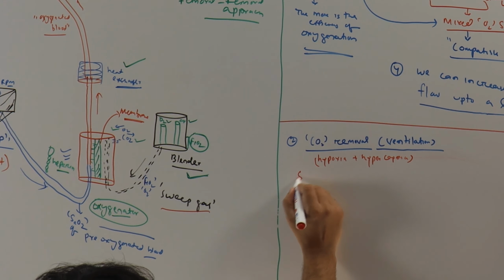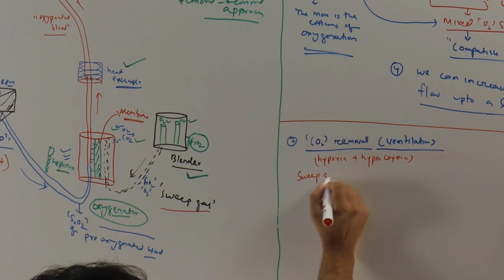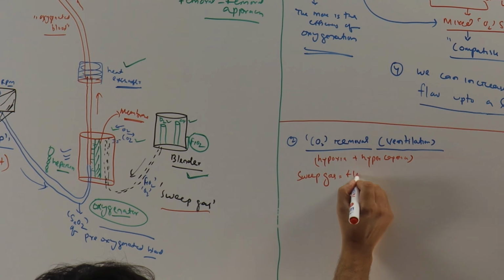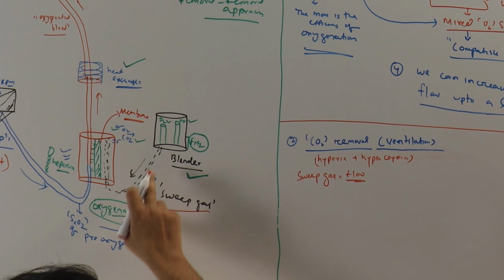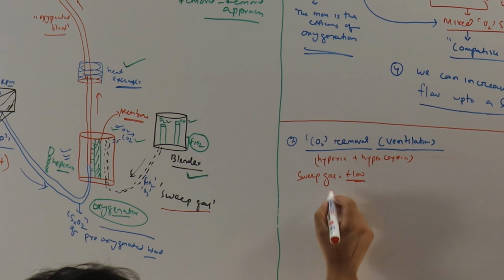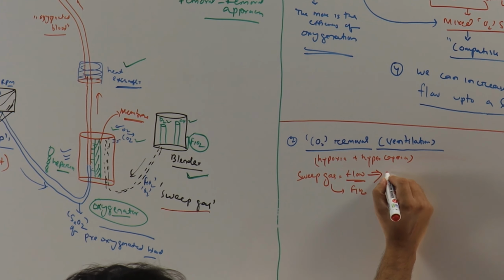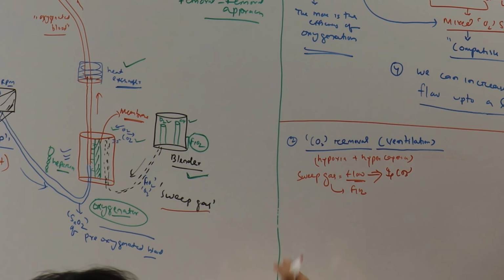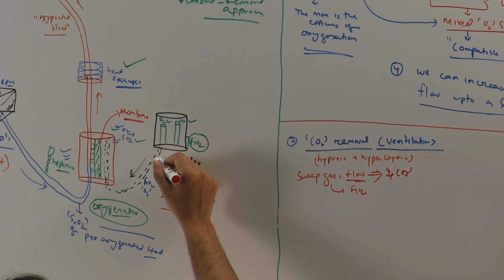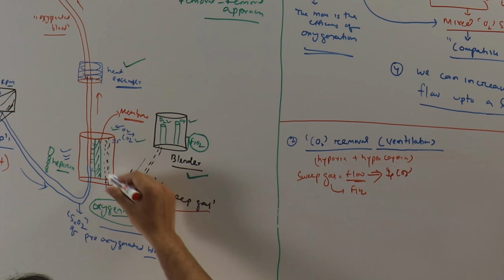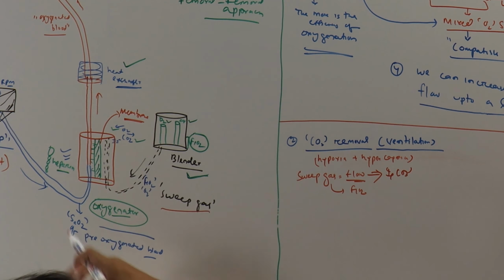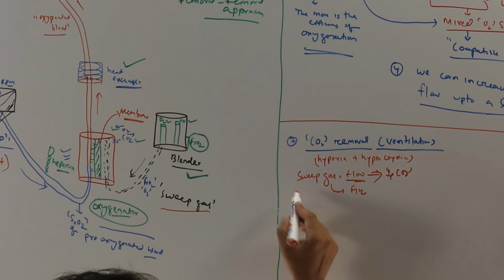The sweep gas has a flow, and because it is coming from the blender where we have oxygen and air, it will also produce FiO2. So this is the flow which aids in removing carbon dioxide. As it goes through the oxygenator, it will actually sweep away the carbon dioxide. That is the reason why it is called sweep gas, right?